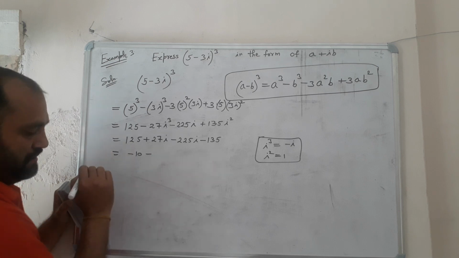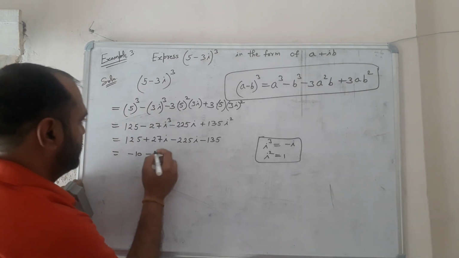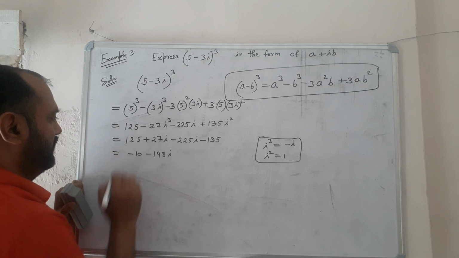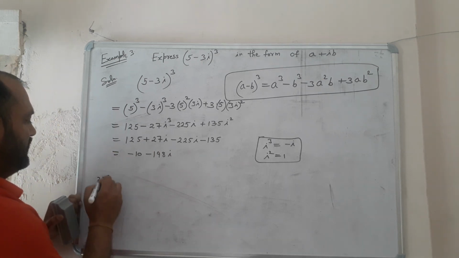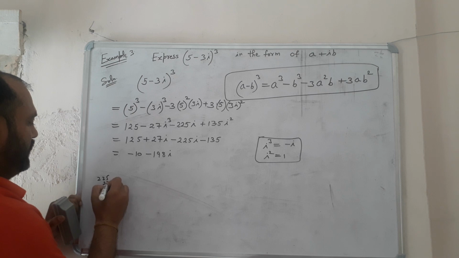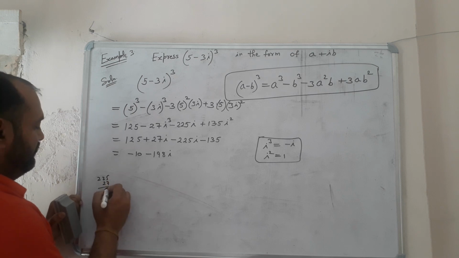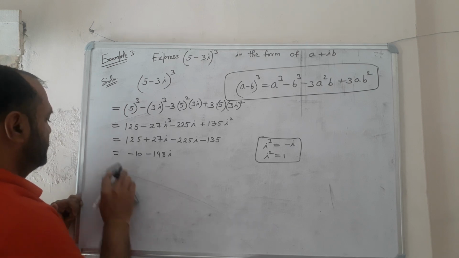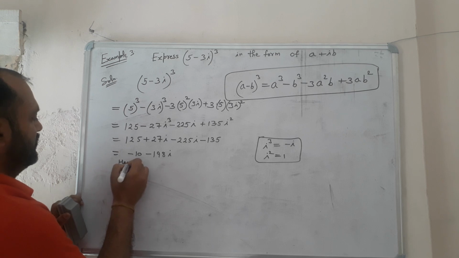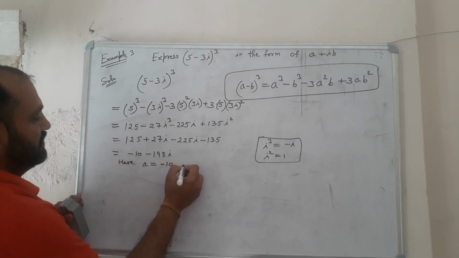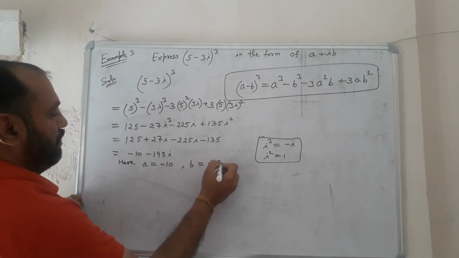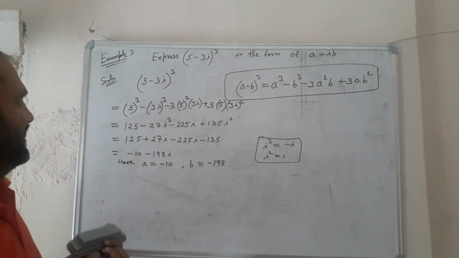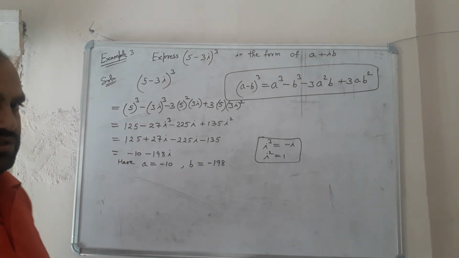Then minus 198 iota, when you subtract 27 from 225, we get 198, right? So here a is equal to minus 10 and b is equal to minus 198. So this is the simplification of this expression, right?